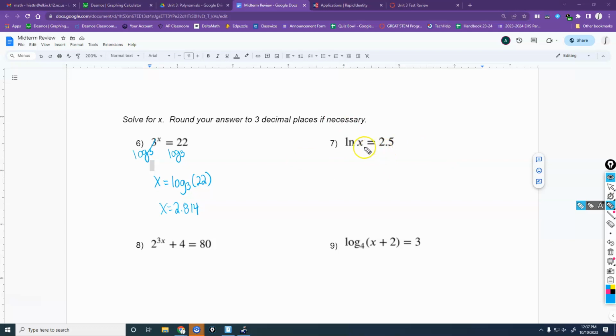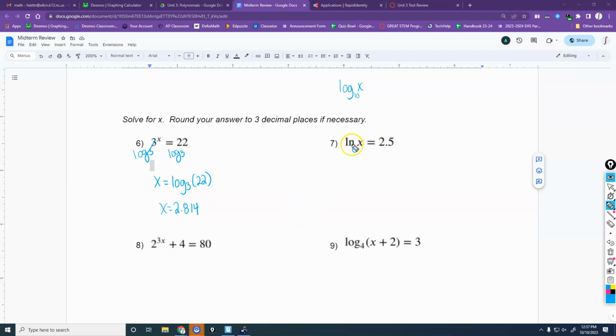All right. So number 7, natural log of x equals 2.5. What's the base on a natural log? Not 10. 10 is when we have log x. So if it says log but there is no base, that has a base of 10. Natural log has a base of e. Okay?